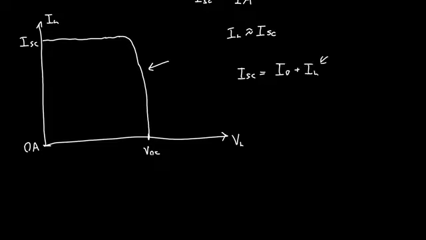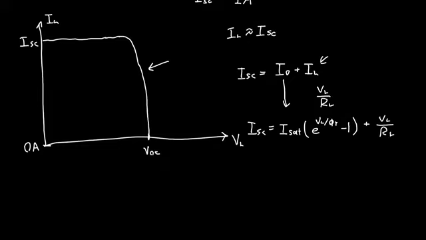The load current we can write as the load voltage divided by the resistance, and the diode current we can write as I sat e to the VL over the thermal voltage minus 1. And so we have our final equation: the short circuit current is equal to this diode current, which is in terms of the voltage, plus the load current.